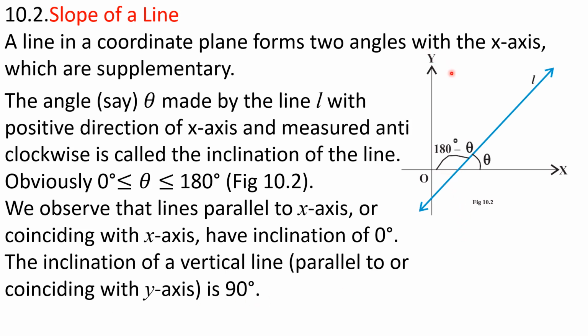If any line is perpendicular to the x-axis, if any vertical line is taken like this, then the inclination of the line is 90 degrees. Okay, my children, understood this point? Right.